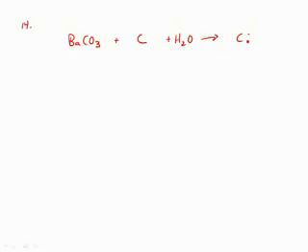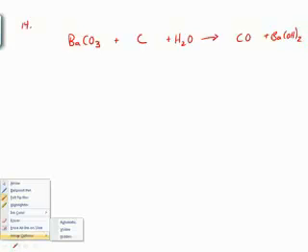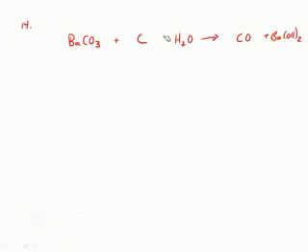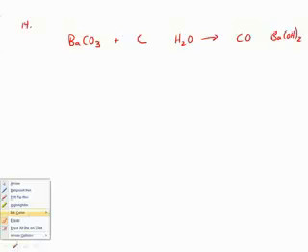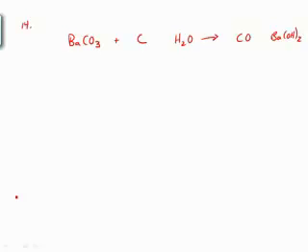Yield carbon monoxide and barium hydroxide. Okay, while I'm doing this, let me move our little plus sign out of the way so I can go back and put it there. I have a little more room that way.